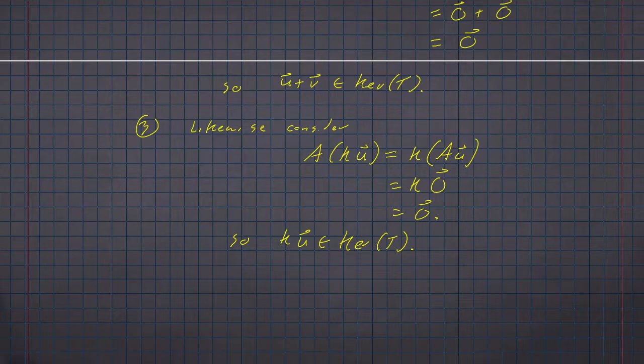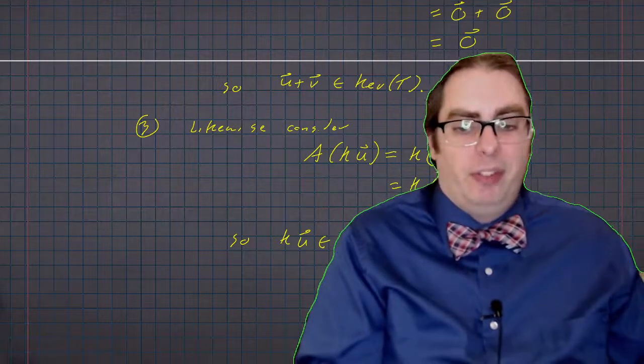There we have it. The kernel of T is non-empty, closed under addition, and closed under scalar multiplication. That's what it takes for something to be a vector space.